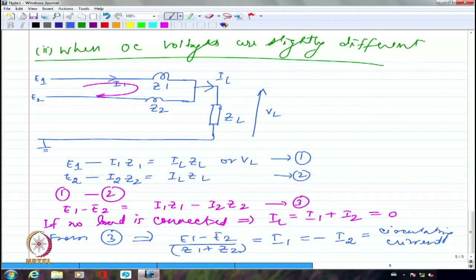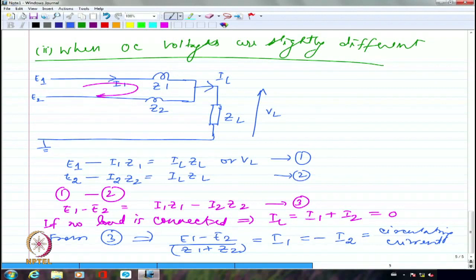I hope you understand. If it is a large capacity transformer, it is going to carry a lot of current also. If it is a lot of current, that means the thickness of the windings will be very, very high. If the thickness of the winding is high, obviously the resistance is going to be smaller. So if you look at a 1 kVA transformer in the lab vis-a-vis a 100 kVA transformer in a substation, you would see invariably that the 100 kVA transformer in the substation will have much smaller actual ohmic impedance.